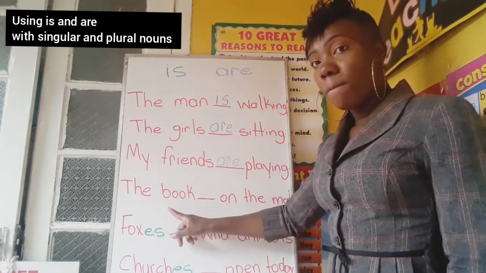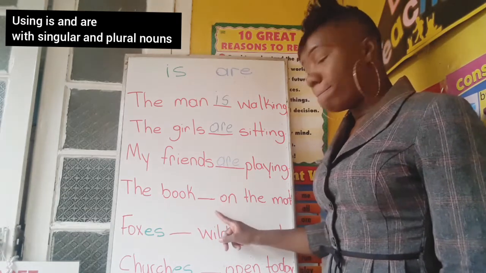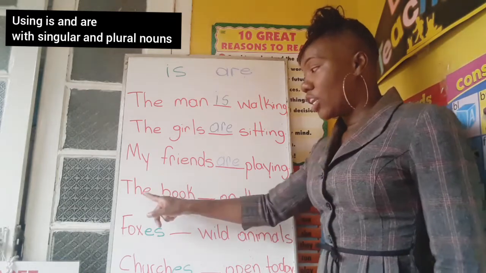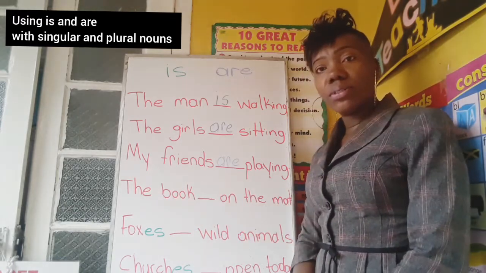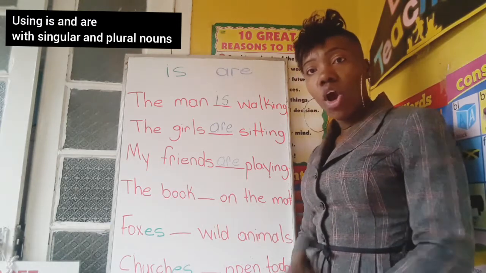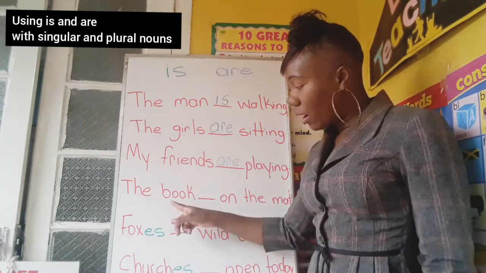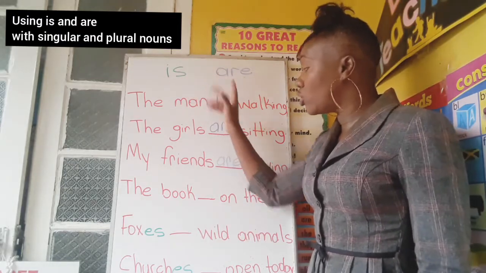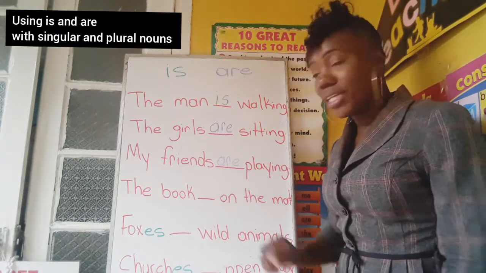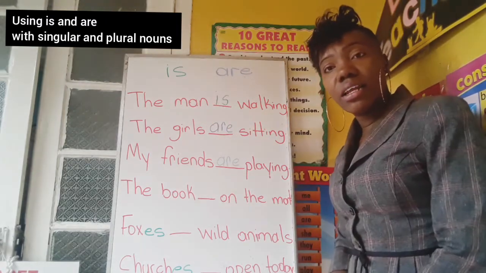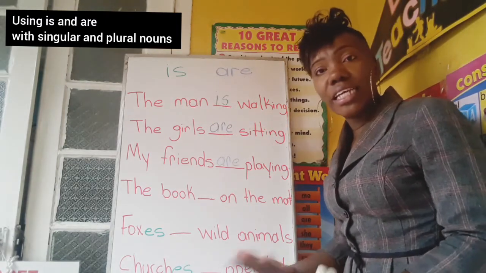The book on the mat. Now, what is the sentence talking about? The book. And how many books? One book. This is singular book. Now, which one of these words are we going to put in the sentence to complete it? Which one of these words we use when you're talking about a singular noun?